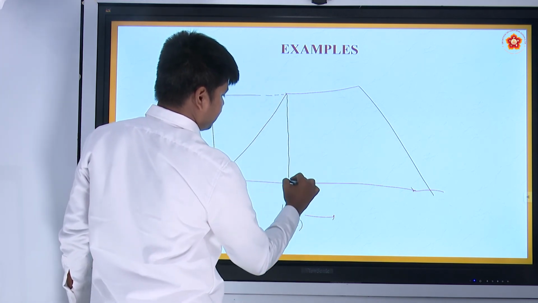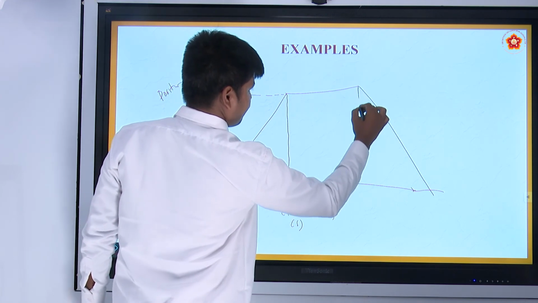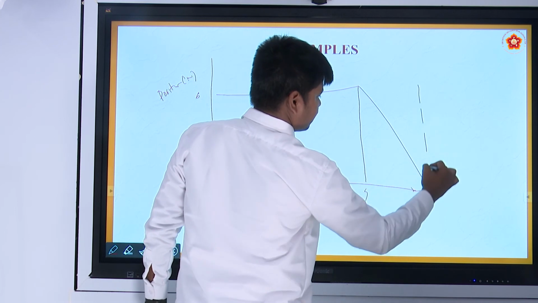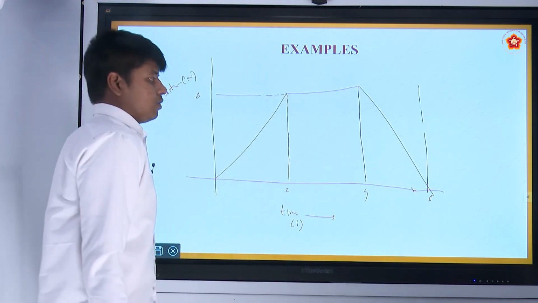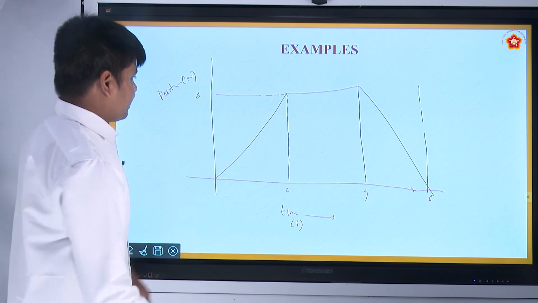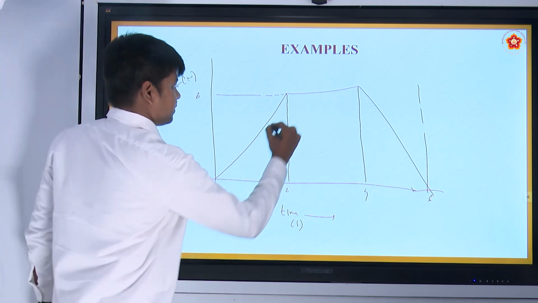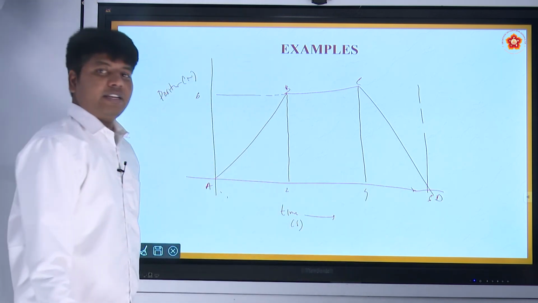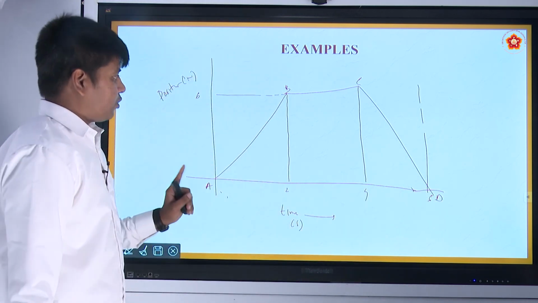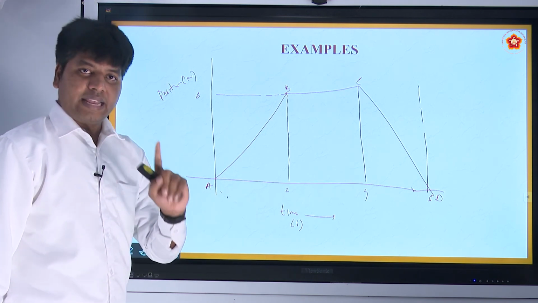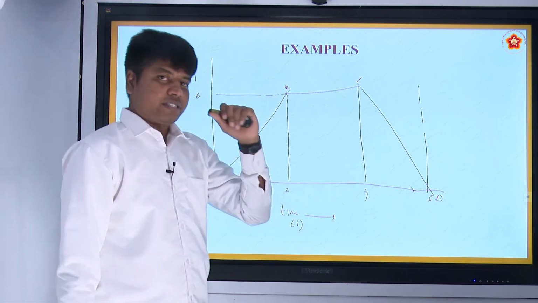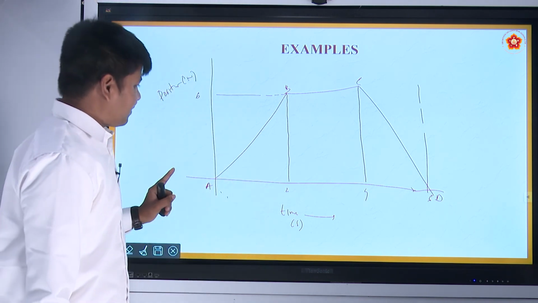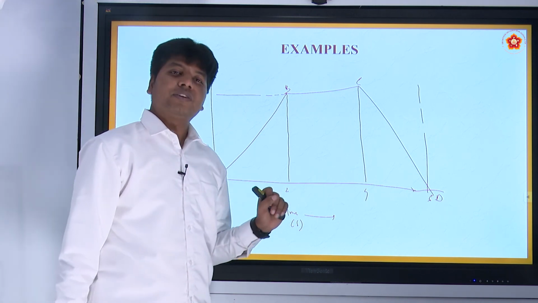The position values are 6 and the times are 2, 4 and 6. This is A, this is B, this is C, this is D. Tell me the region where the velocities are positive, where the velocities are negative, and where it is constant.